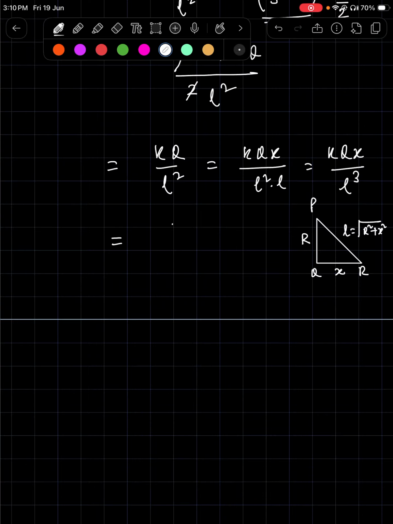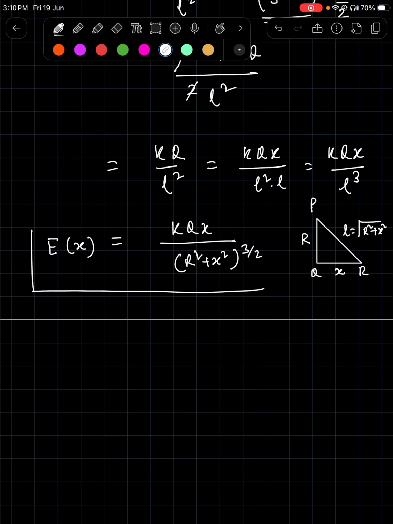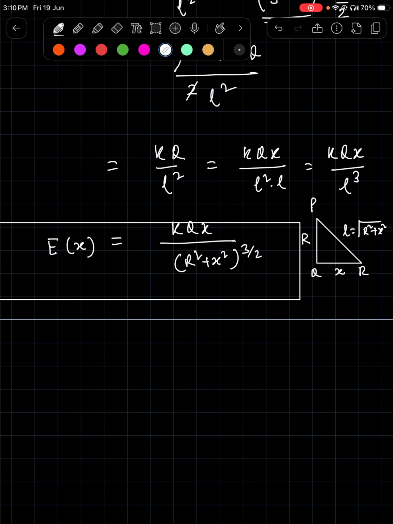If I use that, the equation becomes kqx by (R square plus x square) to the power 3 by 2, because the root means a power of half. So this is the final expression of the electric field at any point x on the axis of the uniformly charged ring.